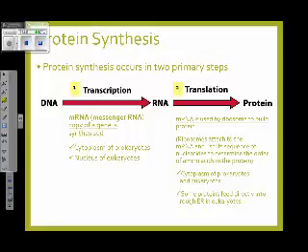The ribosomes attach to the messenger RNA and use its sequence of nucleotides to determine the order of amino acids in the protein. This happens in the cytoplasm of prokaryotes and eukaryotes. So after transcription, the mRNA moves into the cytoplasm and is translated into the protein.